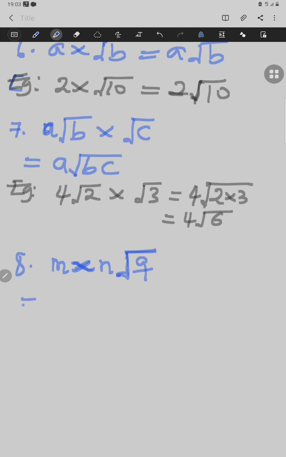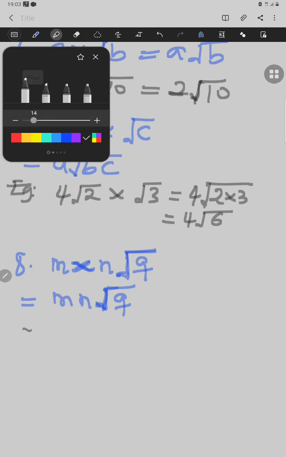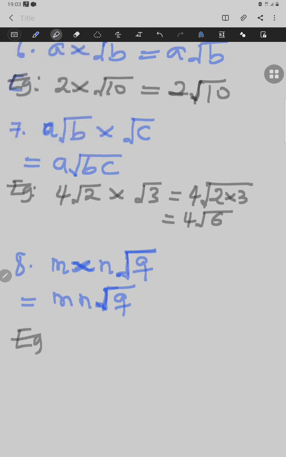This is going to give me mn root q. Very simple. So an example: if I have 4 times 2 root 7, this simply gives me 8 root 7.